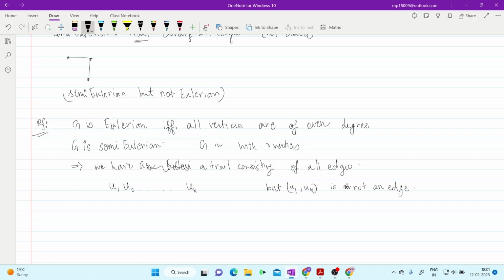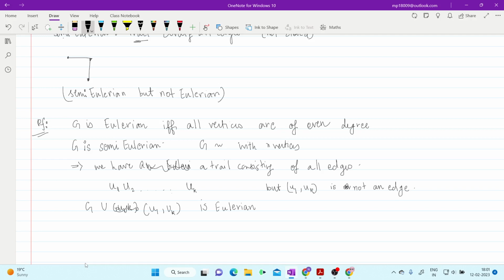Now U1 UK is not an edge, but we consider G union U1 UK. If we add this edge U1 UK, can we say that this graph will be Eulerian? We are given that G is semi-Eulerian.